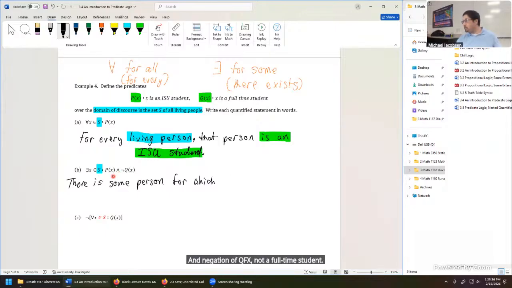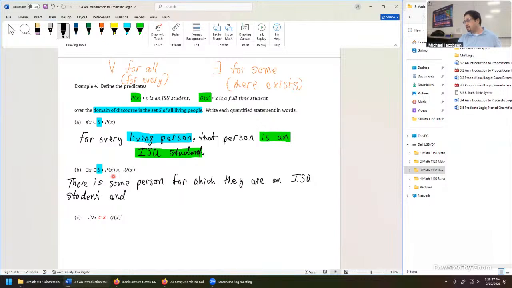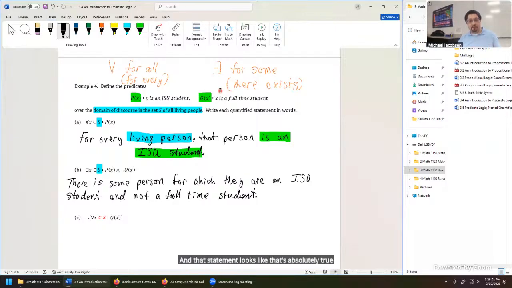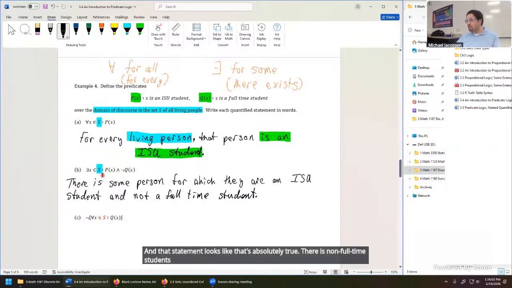So we'll say for which they are an ISU student and not Q of X, so not a full-time student. And that statement looks like it's absolutely true. There are non-full-time students that exist in ISU.